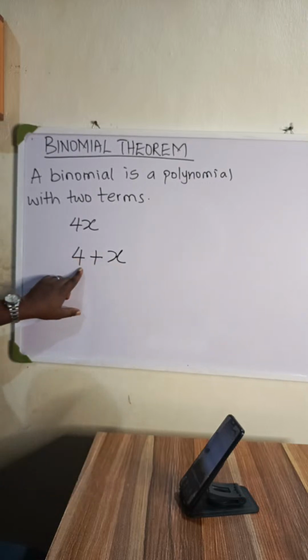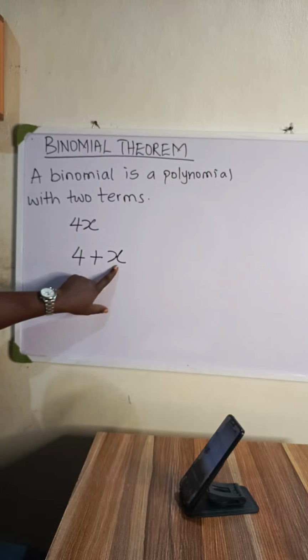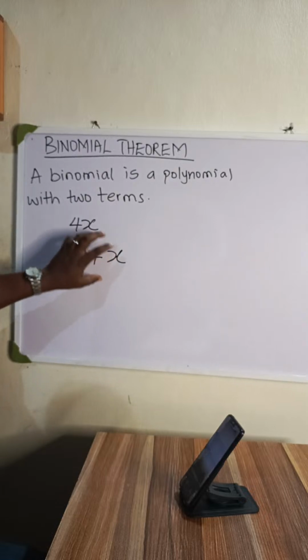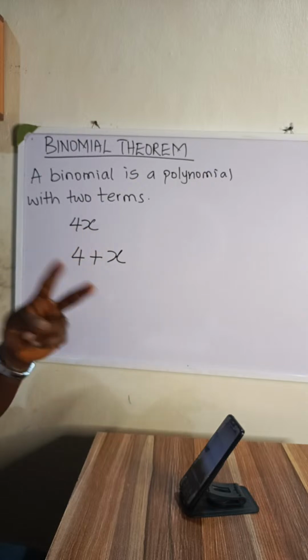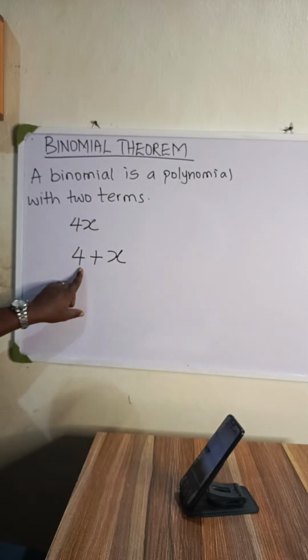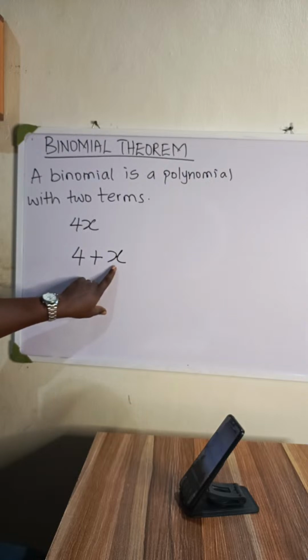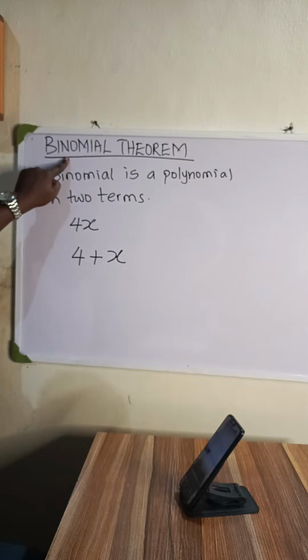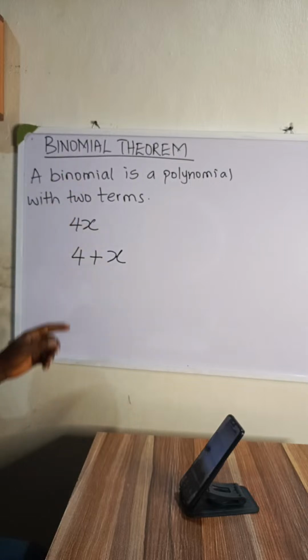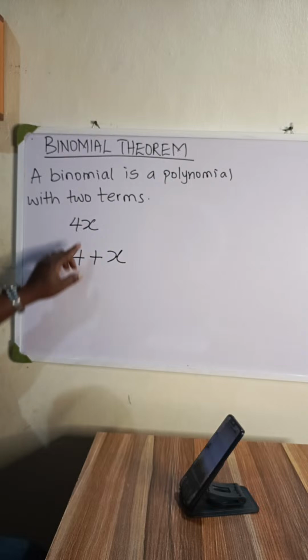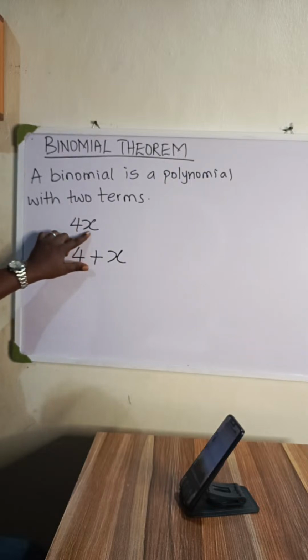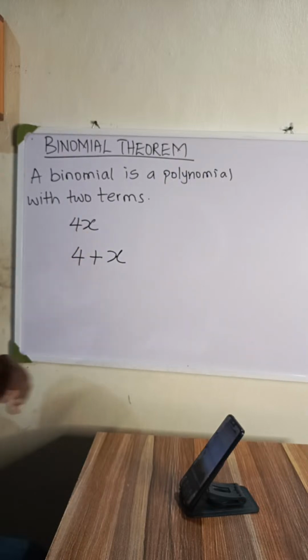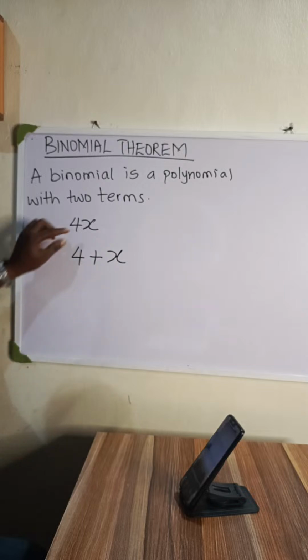So this is one term, this is another term. So this polynomial has two terms. The first term is 4, the second term is x. So we can simply say that this polynomial is a binomial because it has two terms. However, 4x is not a binomial. It is a monomial. That means it has only one term.